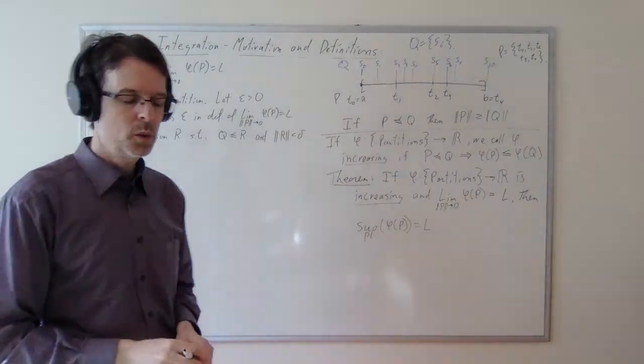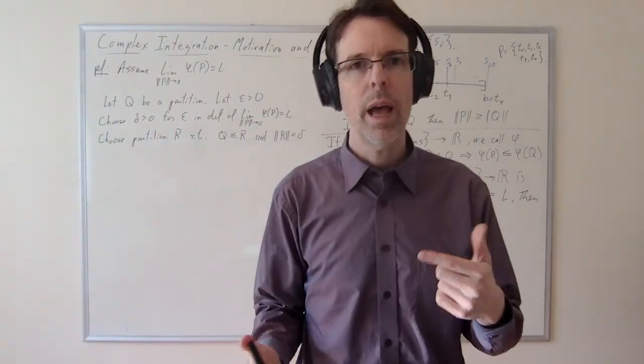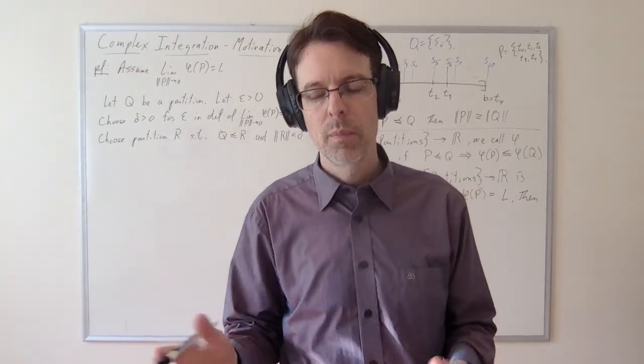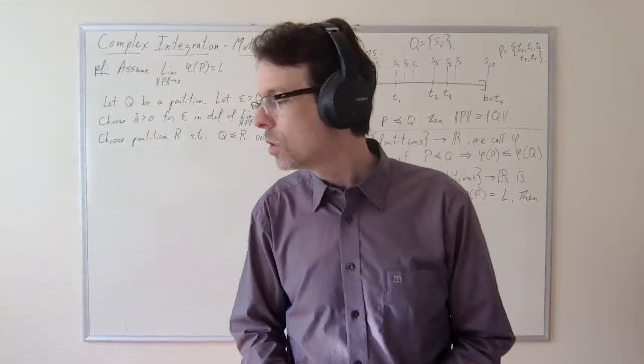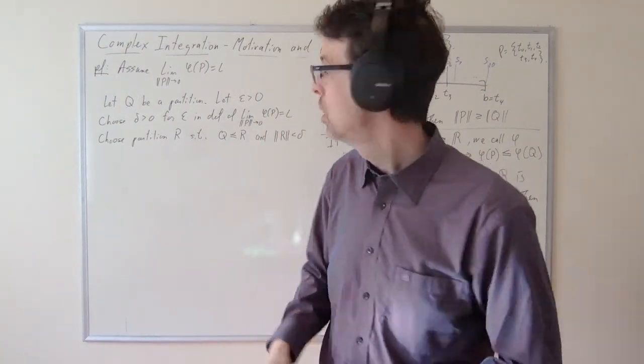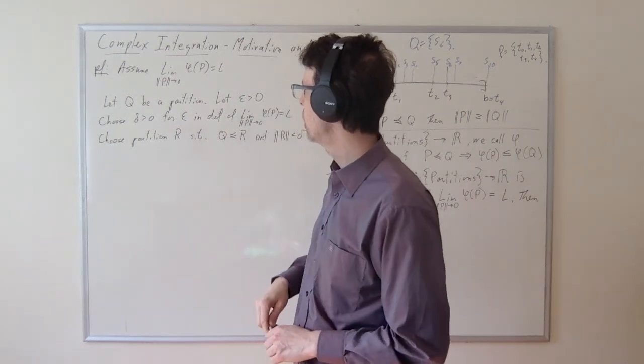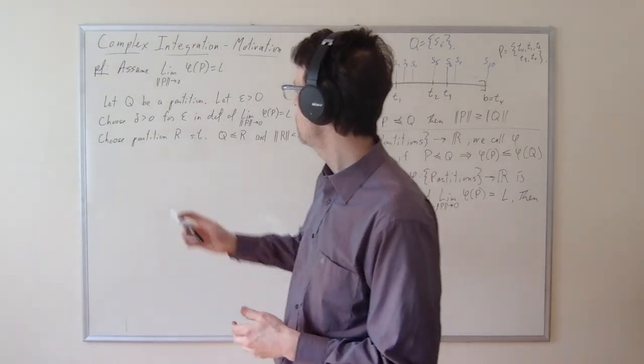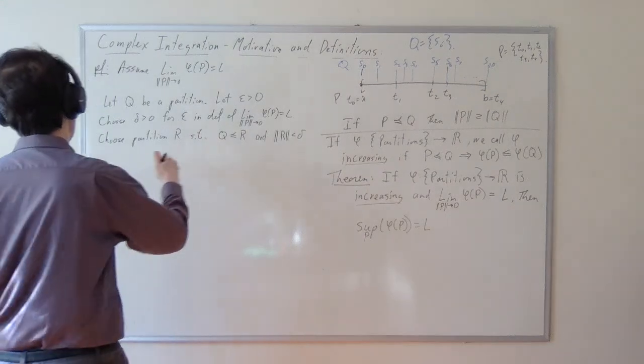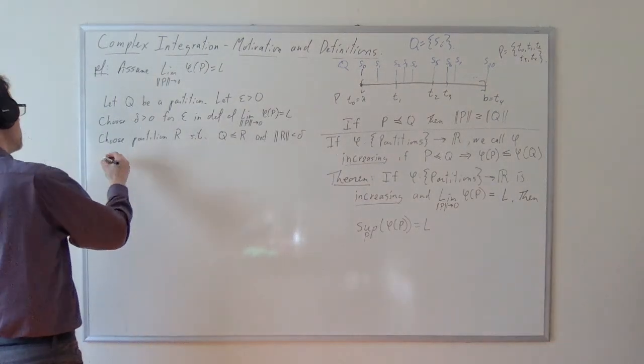Is that always possible? Well, sure. Q might not have a norm less than delta, but you can just add subdivisions, add endpoints, until the norm is less than delta, keeping the ones in Q so that R refines Q. So then we choose a partition R so that this is true. And then, well, phi is increasing, right?